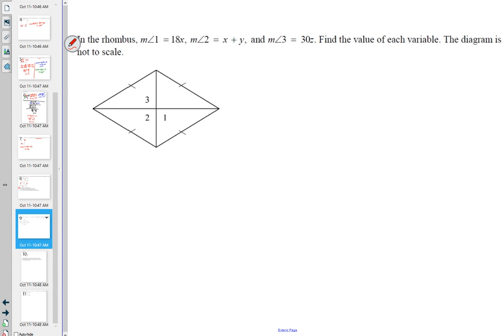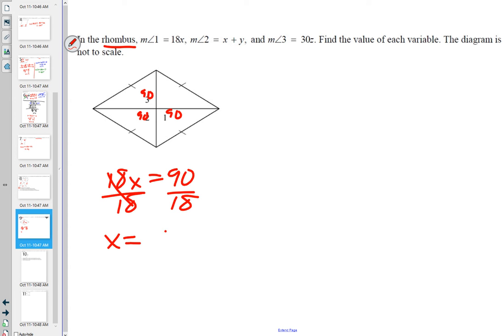Three more. In this rhombus, what do we know about the diagonals of a rhombus? They're perpendicular. Good. So all of these are 90, because they said rhombus: 90, 90, 90. They give us the measure of angle 1, angle 2, and angle 3. So the measure of angle 1 is 18x. 18x is 90. Divide by 18. Is that 5?